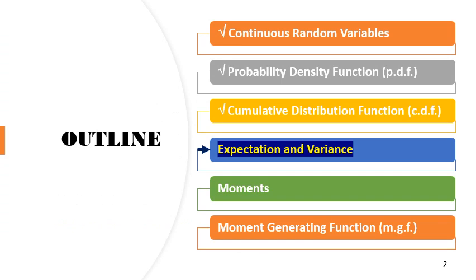Now we will start the first point in our part 2, which is the expectation and variance. This is our new point, how we can calculate the expectation and variance for a continuous random variable.